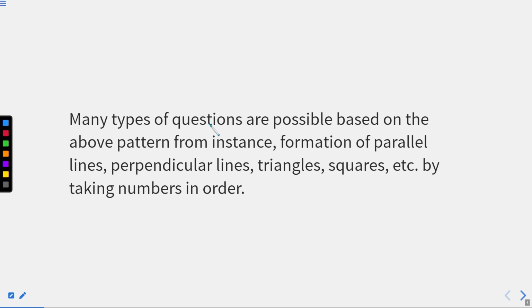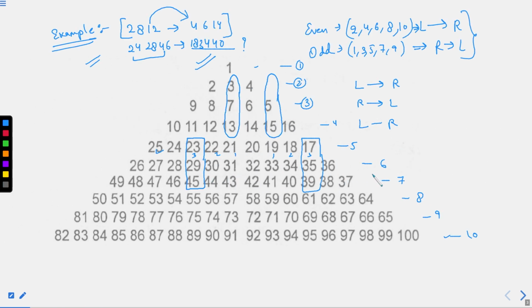Many types of questions are possible based on the above pattern. Above pattern means the pyramid. For instance, formation of parallel lines, perpendicular lines, triangle, square, etc. Right now we have seen only one vertical line, but perpendicular lines can be there, triangles can be there, squares can be there, and they all are possible.